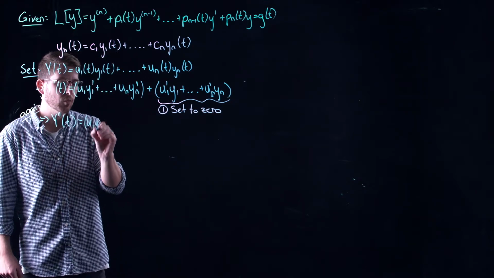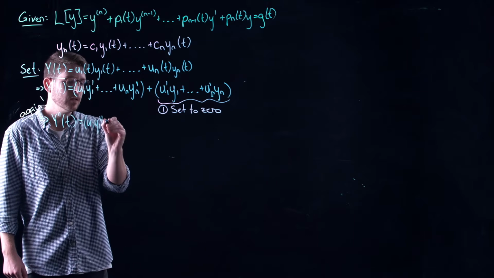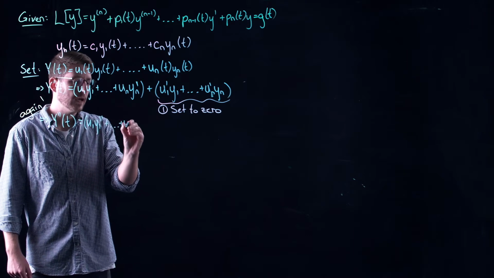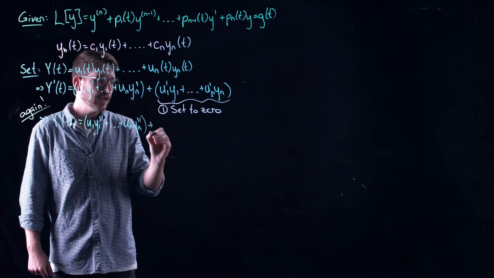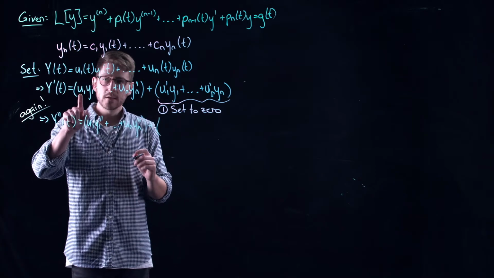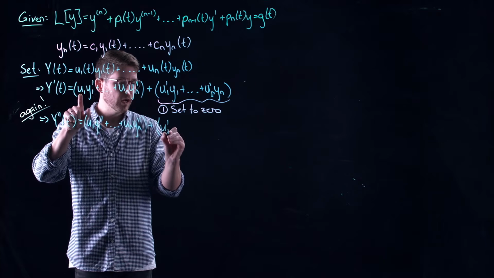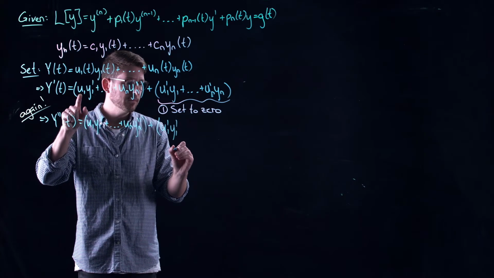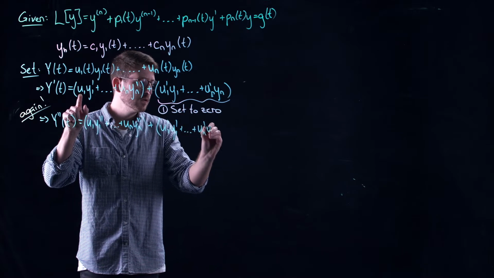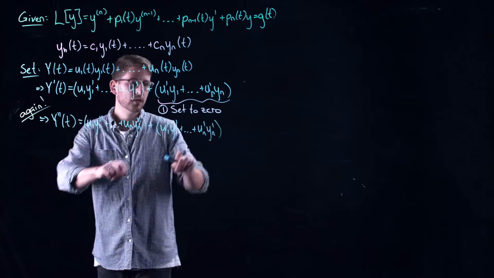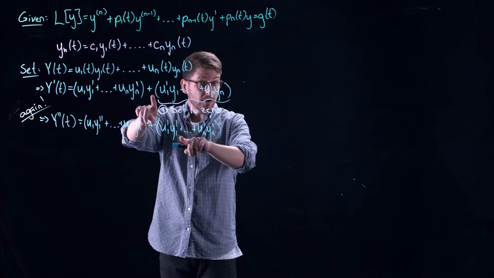So u1, y1 double prime now, all the way up to un, yn double prime. And then, now taking the u derivatives, I get u1 prime, y1 prime, plus all the way up, un prime, yn prime.